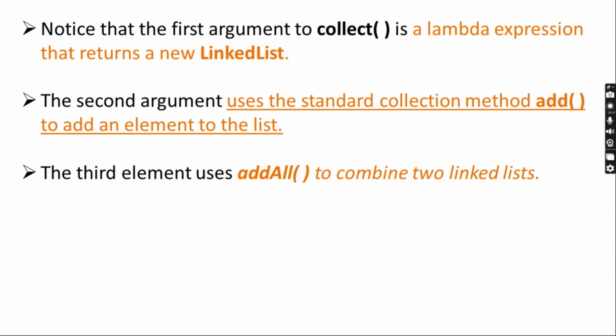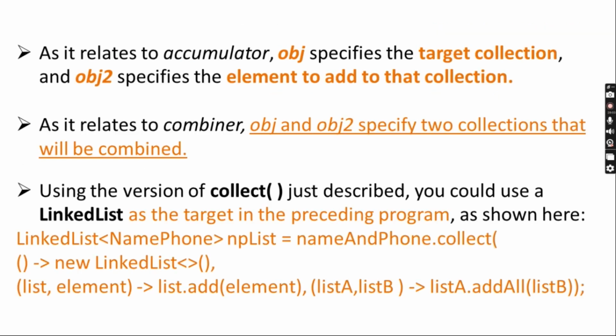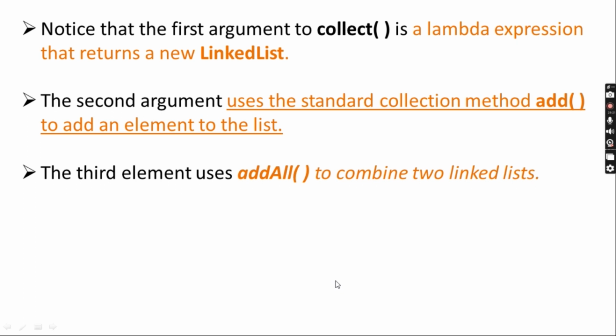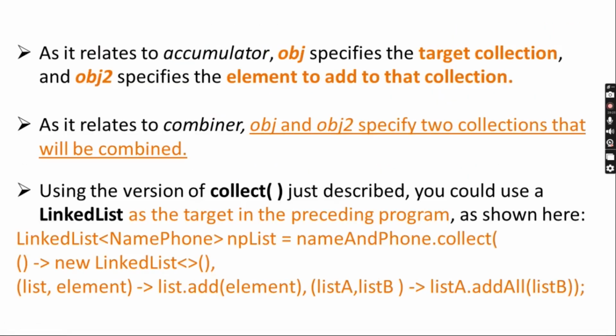And the second one uses the standard collection method, list.add(element). The third, list A, list B, listA.addAll(listB), means all list B elements will be added to list A. The elements are added one by one, and the third argument uses addAll to combine two linked lists.